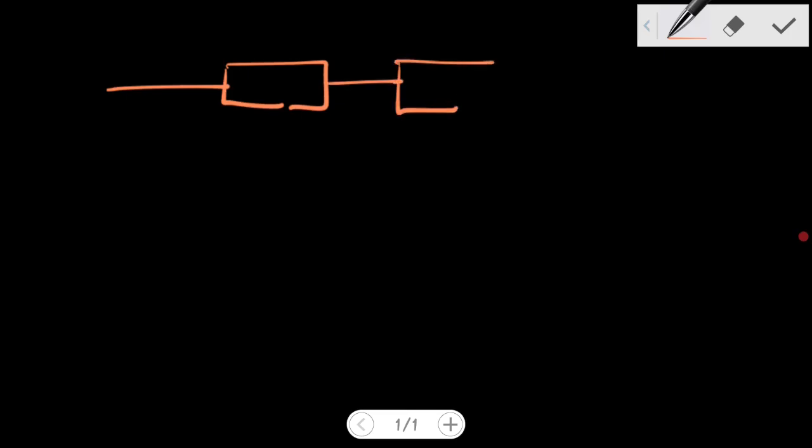In series connection, if we have two resistors, this is R1 connected to R2, we form what we call a voltage divider.